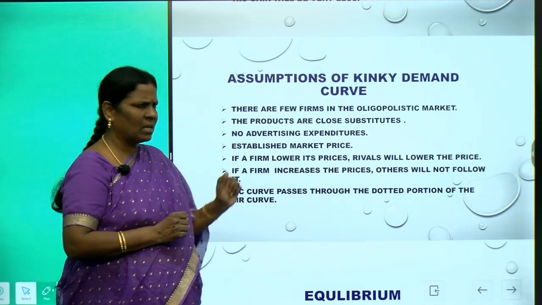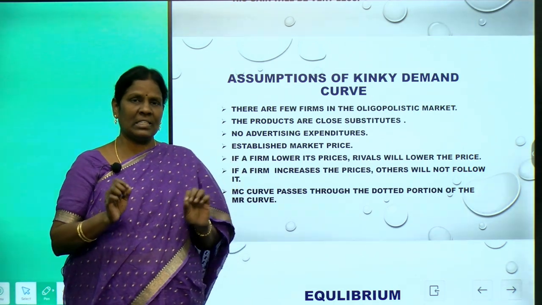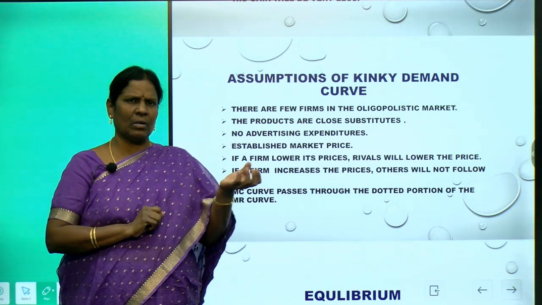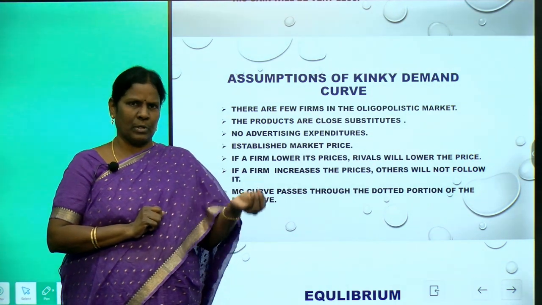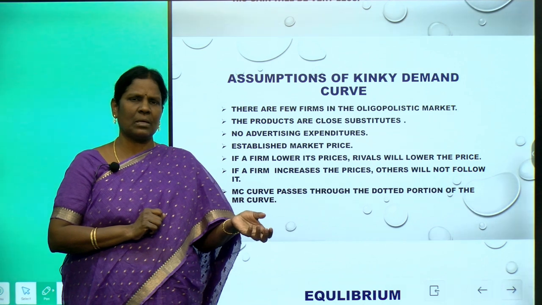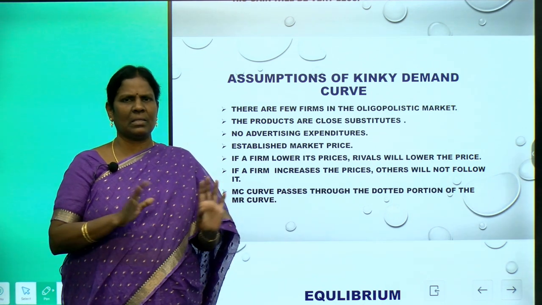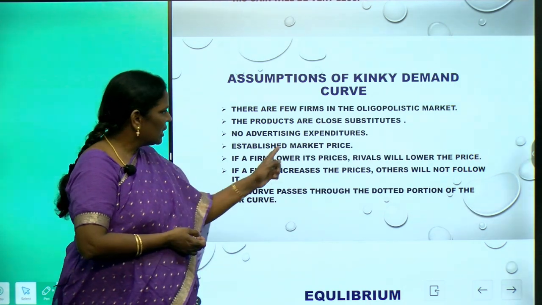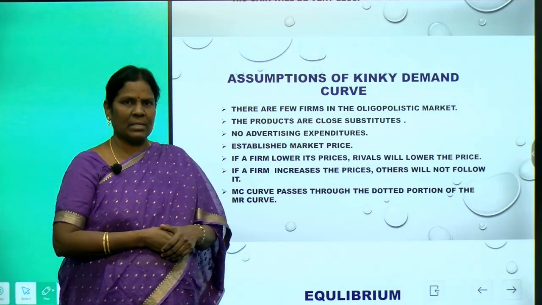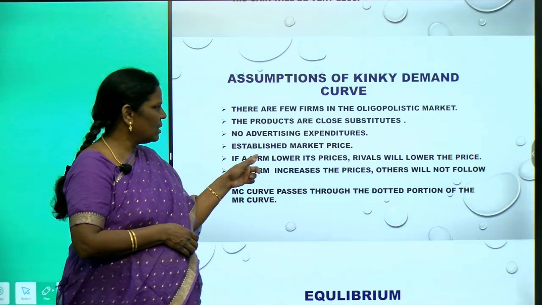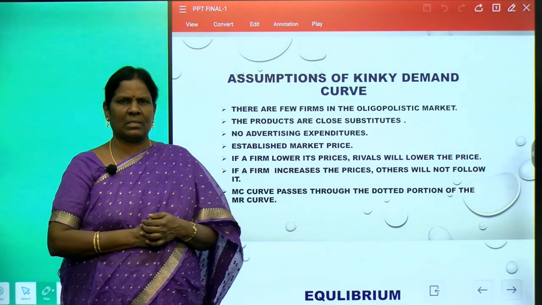And the next one is no need of advertisement expenditure, because only a few firms produce a homogeneous product or a slightly differentiated product. If that is the case, there is no need of advertisement. And the next one is established market prices.